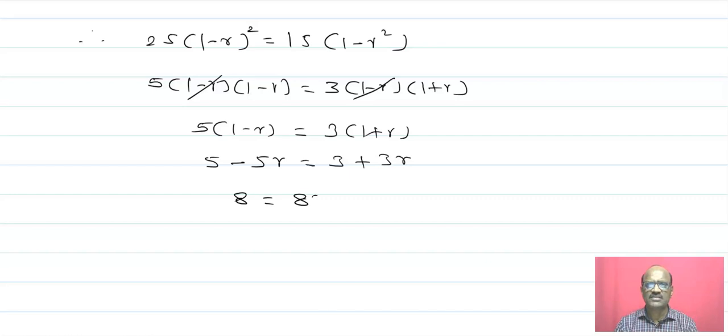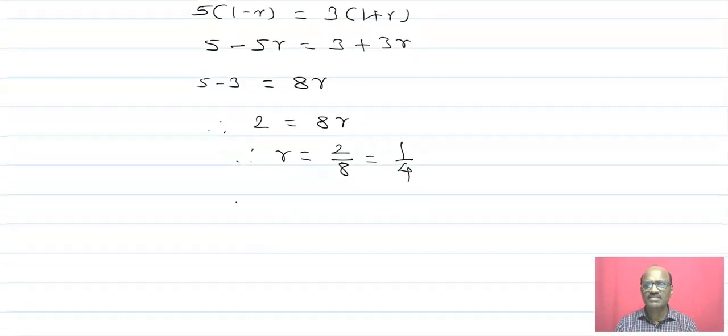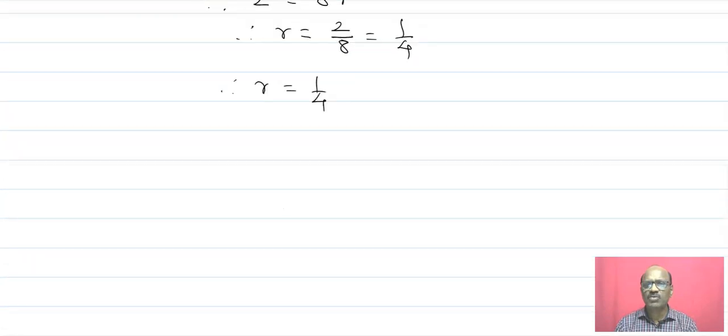Now after the cancellations you will get 5 minus 3 is equal to 8r. Therefore 2 is equal to 8r, so r is equal to 2 upon 8, which is 1 by 4.